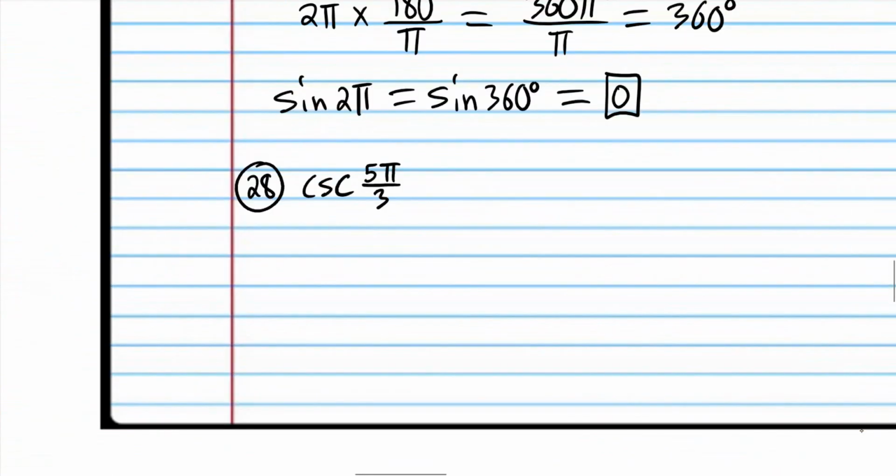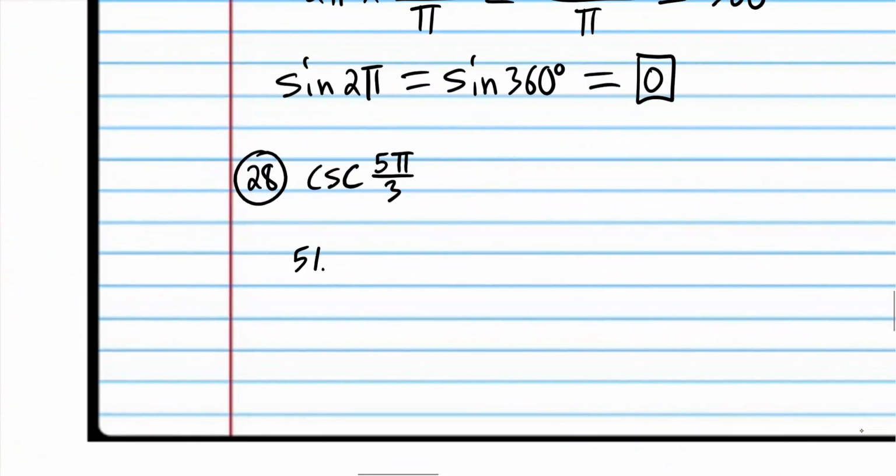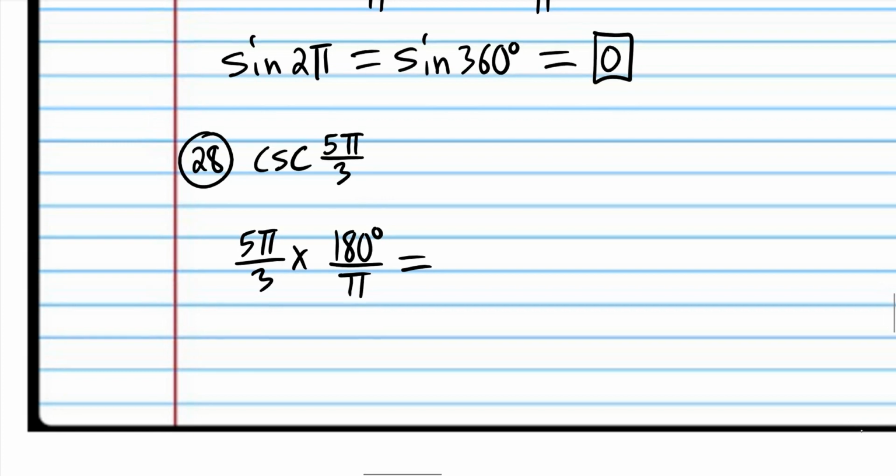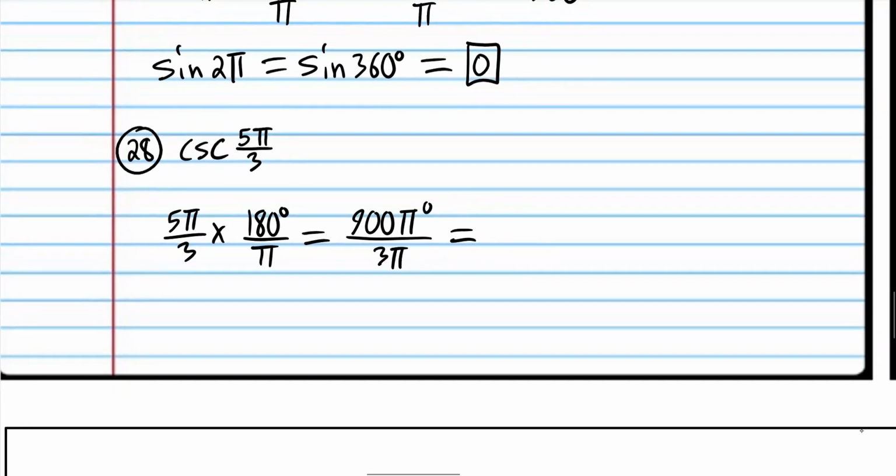Okay, we're back. So let's convert 5 pi over 3 to degree units. And we get 900 pi degrees over 3 pi, which is 300 degrees.